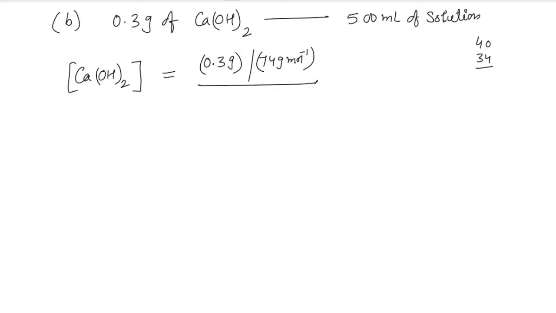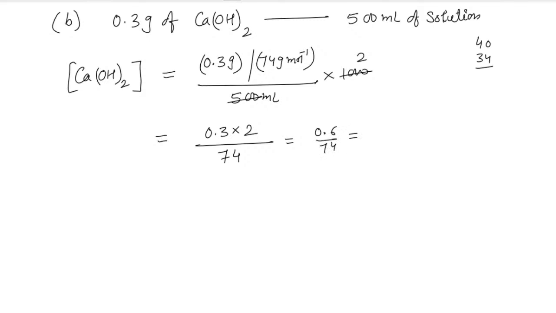Mass over molar mass over volume. If volume is in ml, so into 1000. So it becomes 0.3 into 2 over 74. So it is 0.6 over 74, means take it as 600 over 74 into 10 raised to power minus 3.